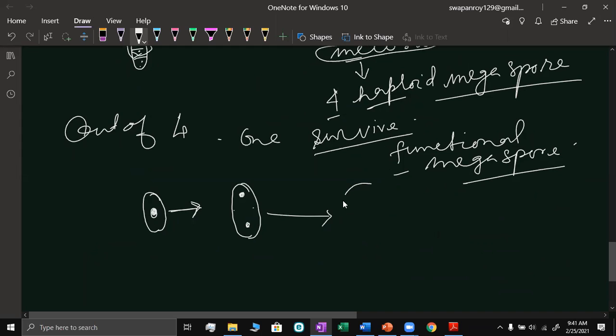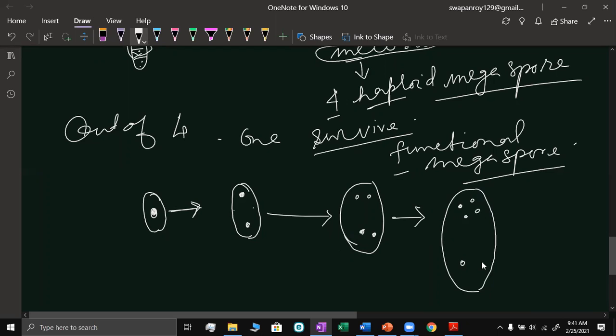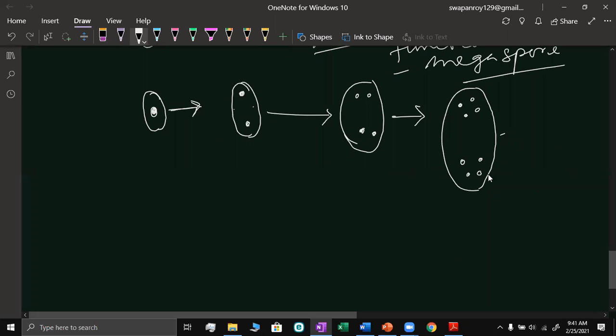Next division, the cell also increases and each nucleus will further divide and form 4 nuclei, and again it will divide, and by the time this cell is enlarging, 8 nuclei are produced. This enlarged cell is now the embryo sac.